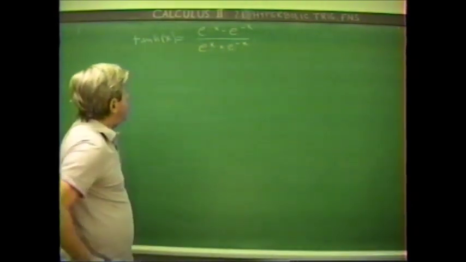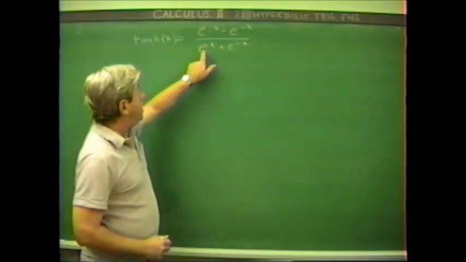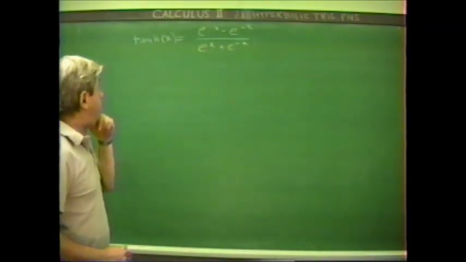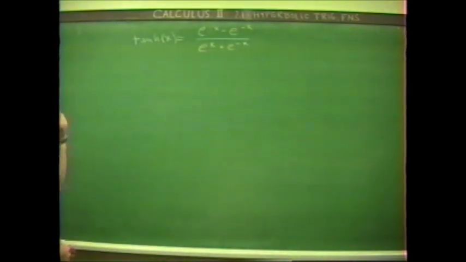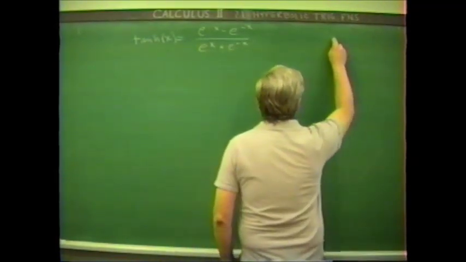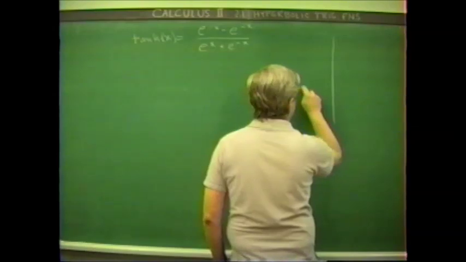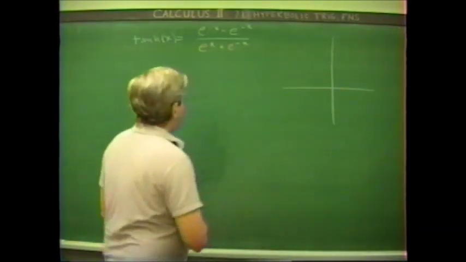Recall the hyperbolic sine is e to the x minus e to the minus x over 2. Hyperbolic cosine is e to the x plus e to the minus x over 2. So this is the hyperbolic tangent. It's defined for all x.